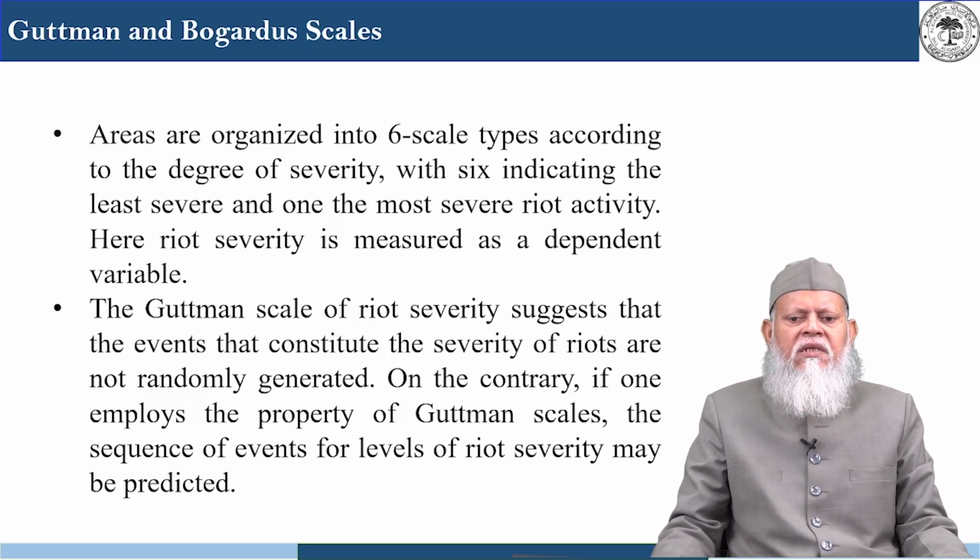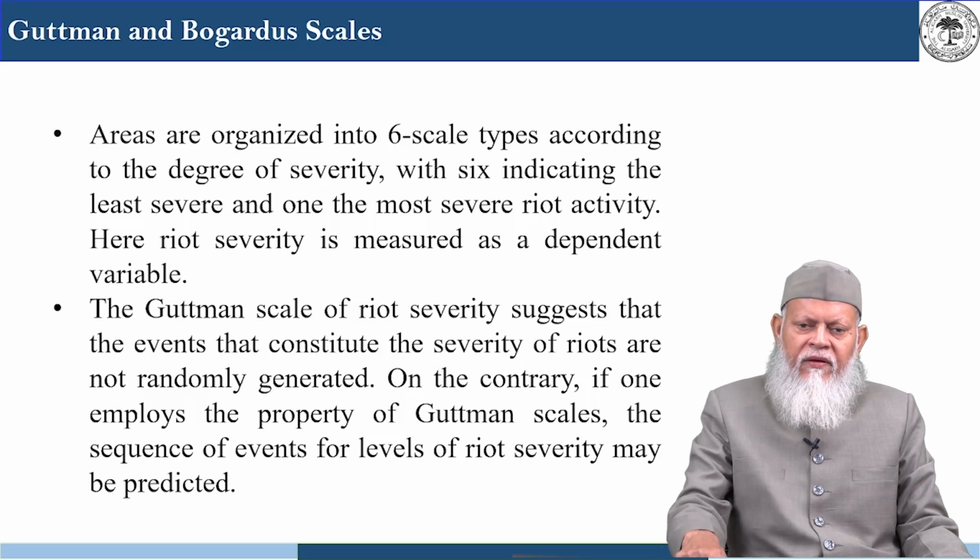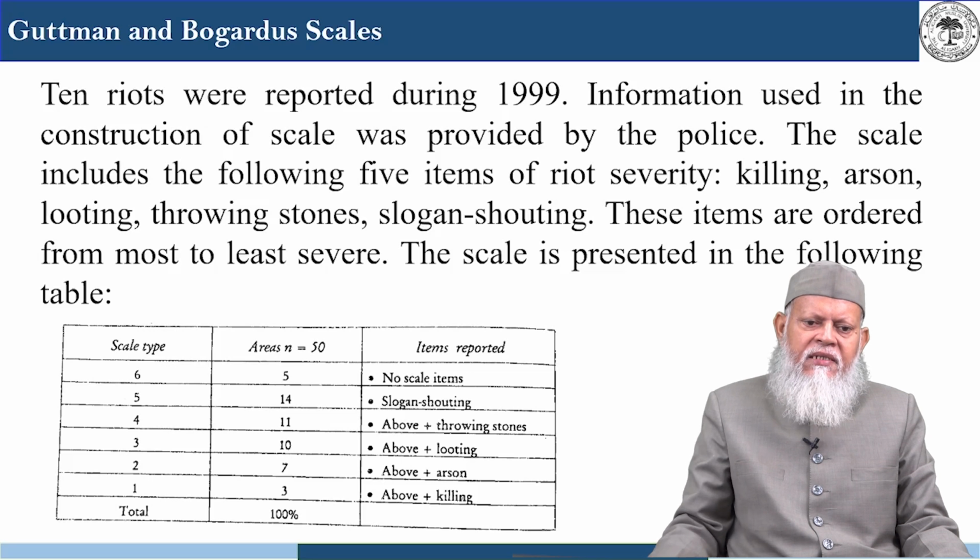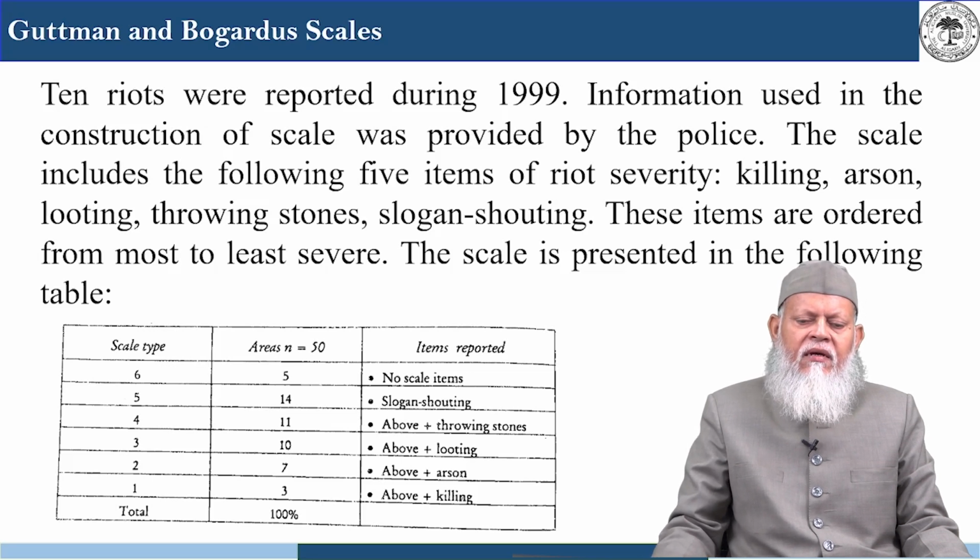The Guttman scale of riot severity suggests that the events that constitute the severity of riots are not randomly generated. On the contrary, if one employs the property of Guttman scales, the sequence of events for levels of riot severity may be predicted. So, we have organized here 6 scale types: no scale items, slogan shouting, above plus throwing stones, above plus looting, above plus arson, above plus killing.